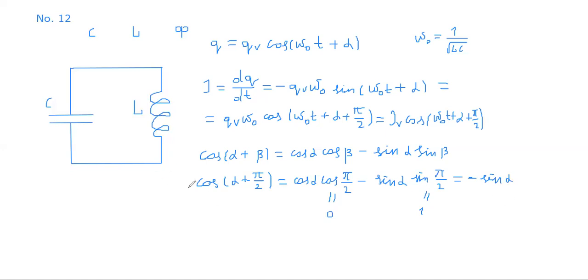So from here we have obtained that minus sine alpha is equal to cosine of alpha plus pi divided by 2.